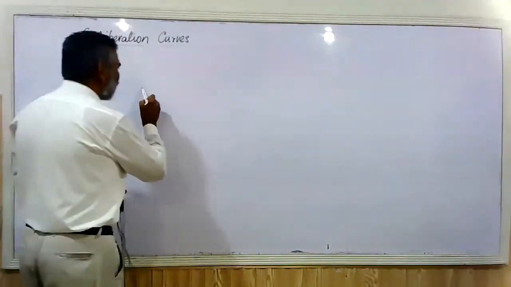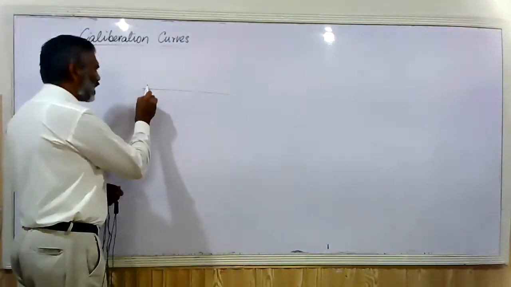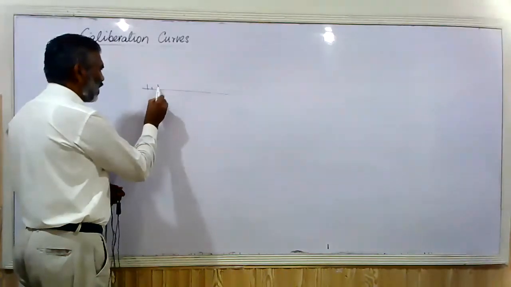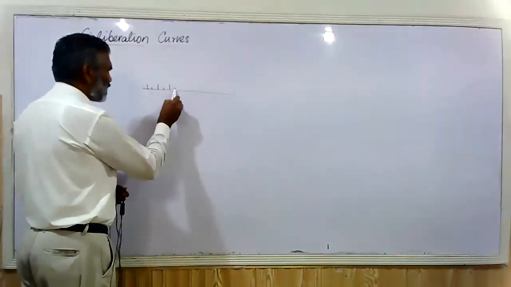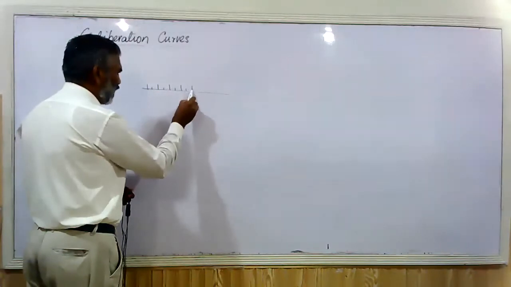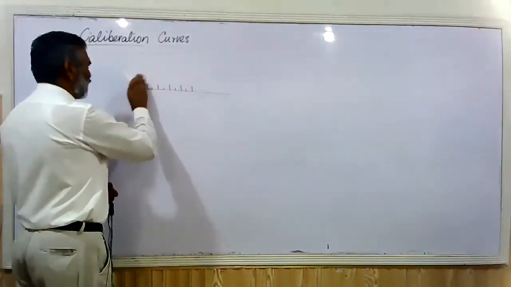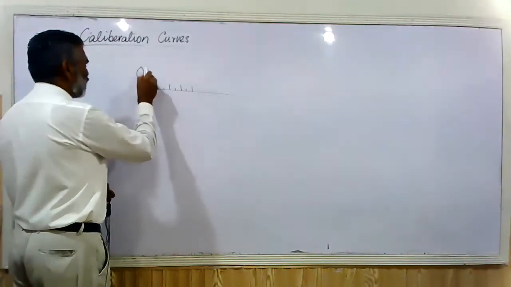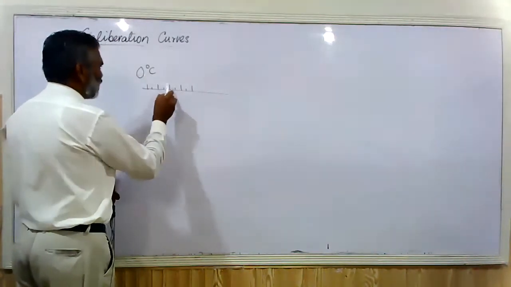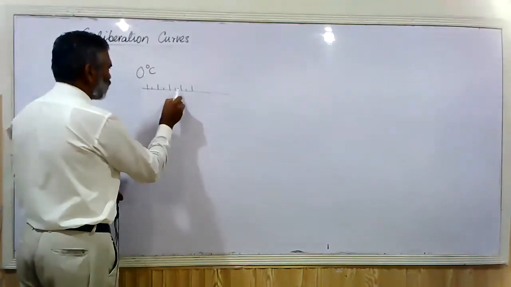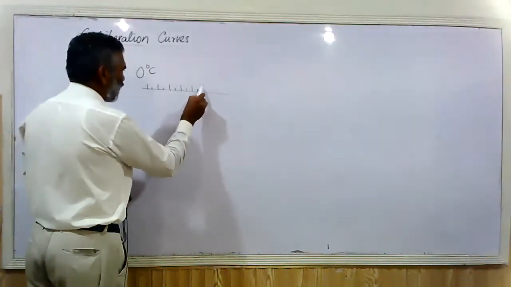The act of marking on a scale. Like if this is a thermometer scale with the 0 degrees Celsius here, let's say this is 0 degrees Celsius, and then this is 1, 2, 3, 4, and this is 5.